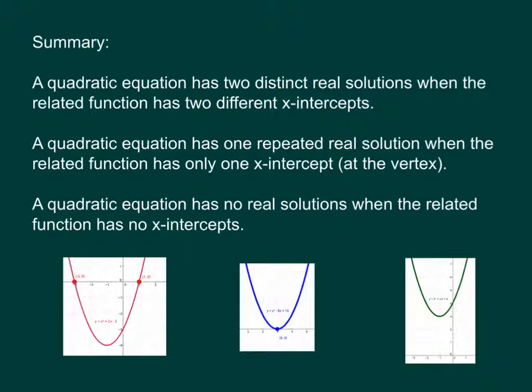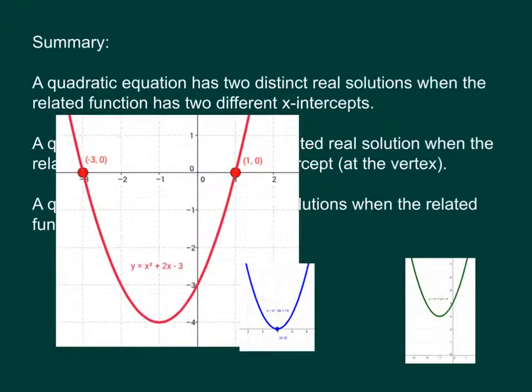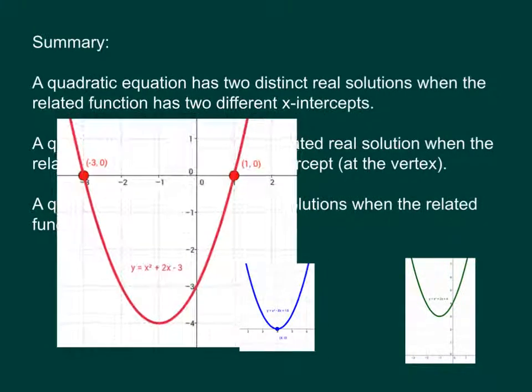If the related function has 2 different x-intercepts, like this example here, then the quadratic equation is going to have those 2 solutions at the x-intercept x values.